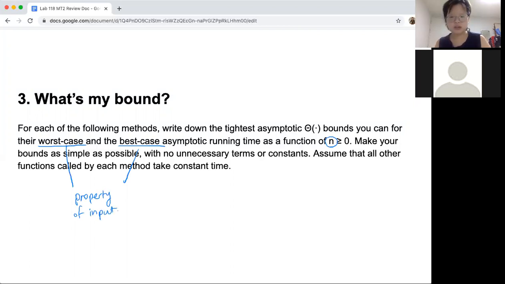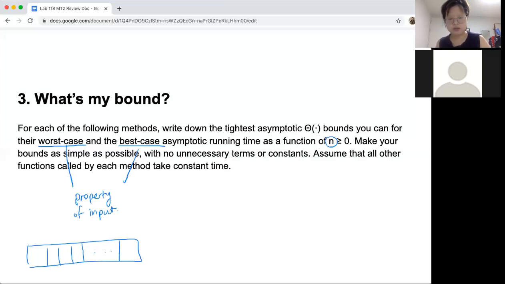So for example, let's say that I have a function where if you pass in an array, the moment I encounter a 0 in my array, I terminate. And until I find a 0, I'm going to traverse through my array. So that's going to be my function. In that case, what would be the best case scenario?